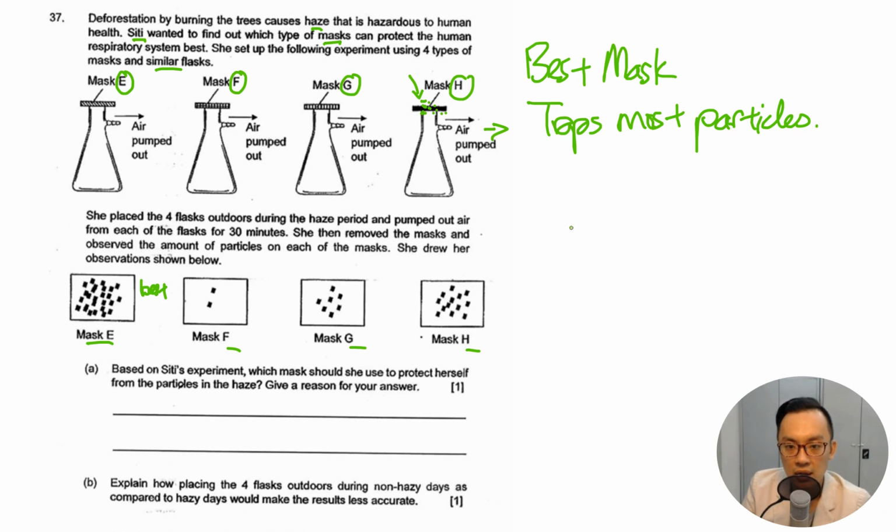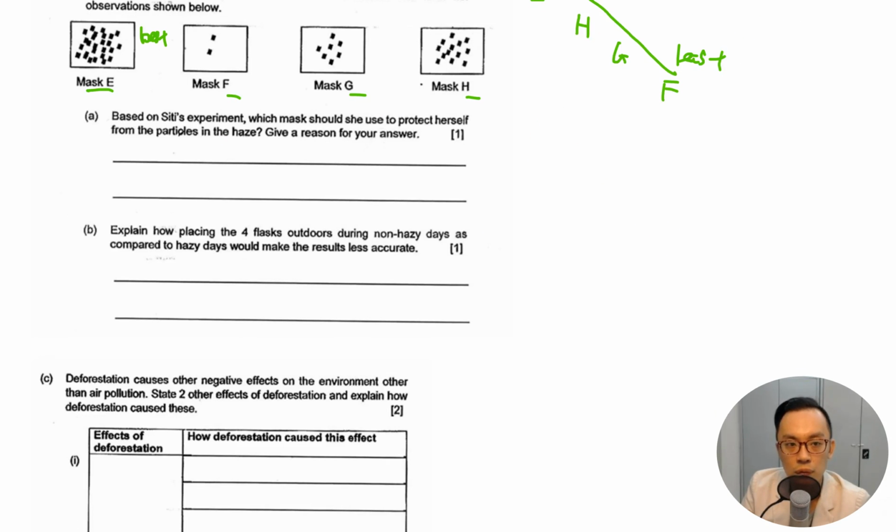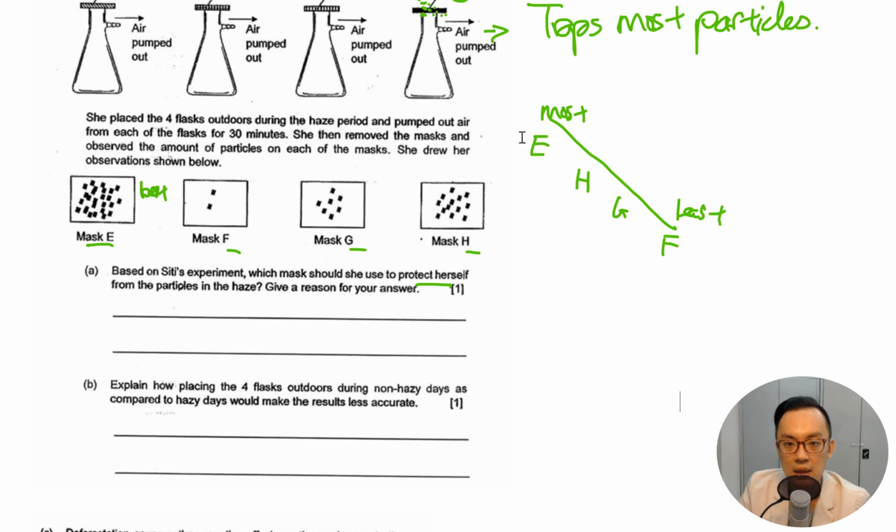And not so good. So again, I like to draw my line from the most to the least particles trapped. I have my E, I have my H, G, and F. Even before I read the questions, this should be the thing I do. Now, based on CT's experiment, which mask should she use to protect herself from the particles in the haze? So I know my best mask is actually E over here.